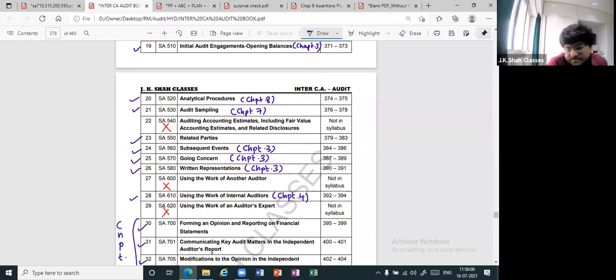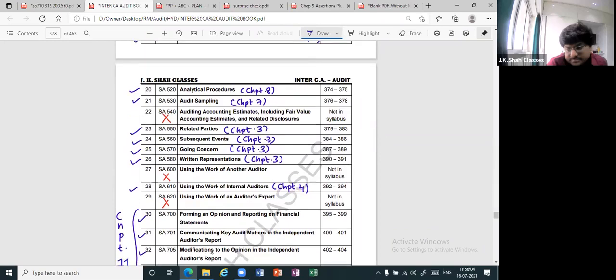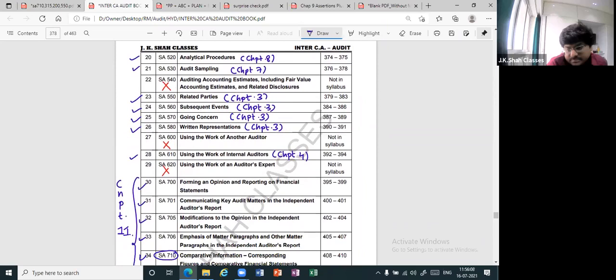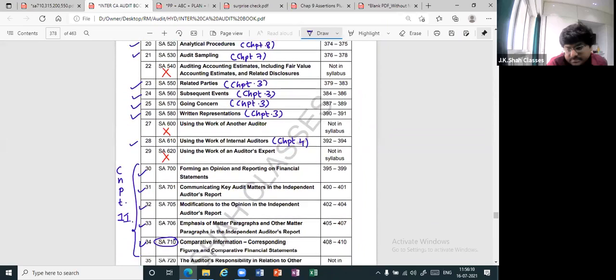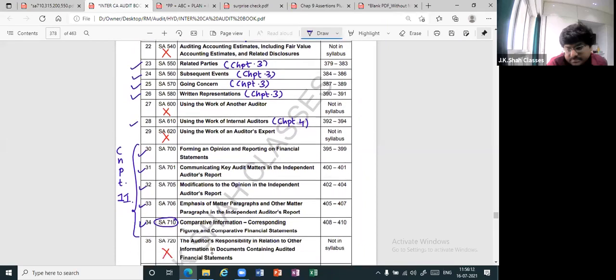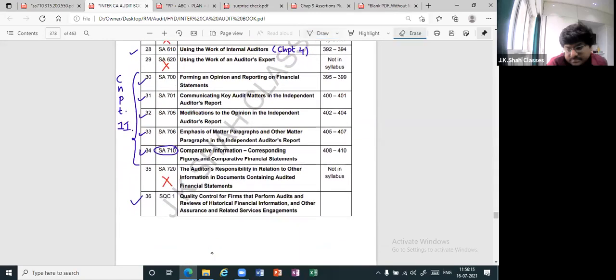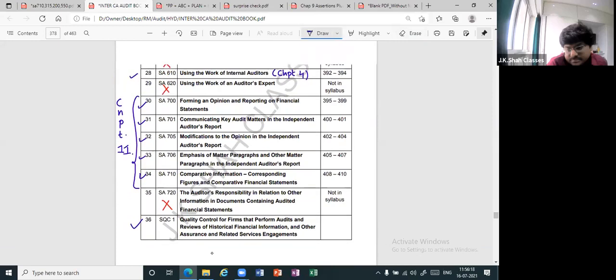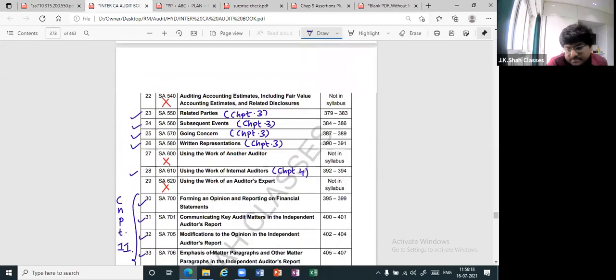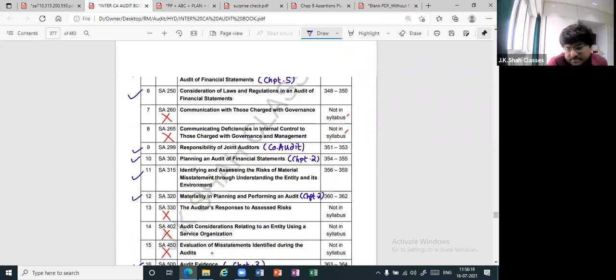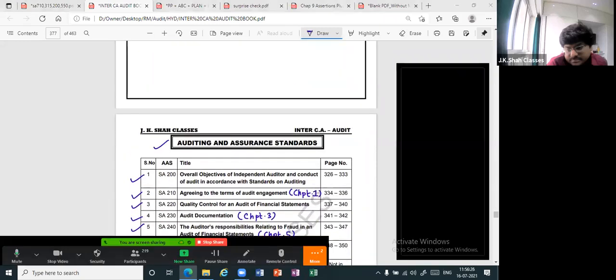This also was related to chapter 3. Subsequent events done, going concern done, written representation done, 600 not applicable, 610 done, using the work or direct assistance, 620 not applicable, 700 entire series done, 710 we also did last time, SQC 1 reference done. Can I say with this that definitely what is also done is standards on auditing?